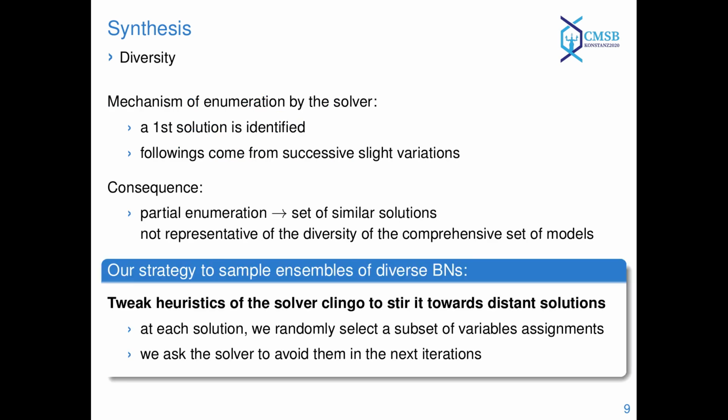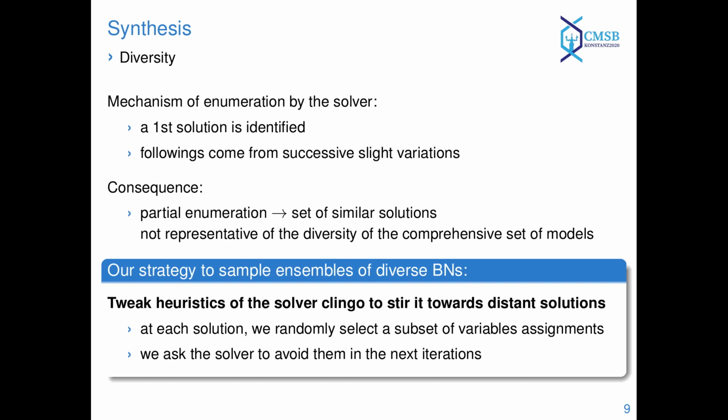About the contribution on the diversity in the enumeration of the solutions, we introduce a sampling of the diversity of the models in the enumeration. It's necessary because typical solvers enumerate solutions by identifying a first solution and then by finding following ones by successive slight variations.